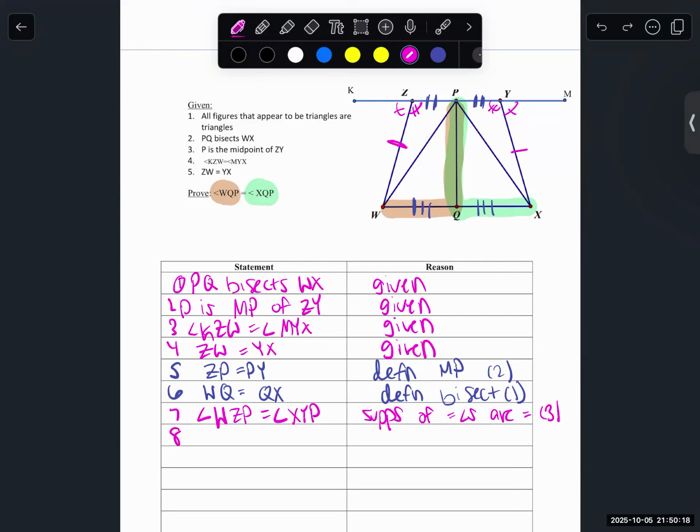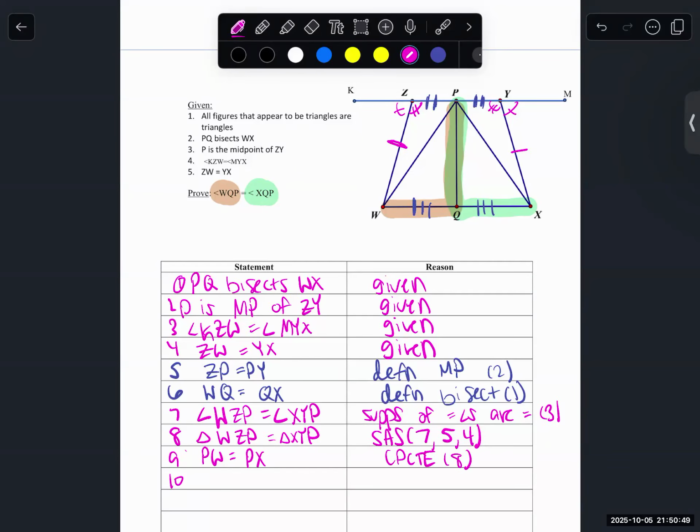So I'm going to go ahead and say that triangle WZP is equal to XYP, SAS, lines 7, 5, and I think it was 4. Yep, 4. And then I'm going to CPCT that side. So I have PW is equal to PX, line 8. Great.